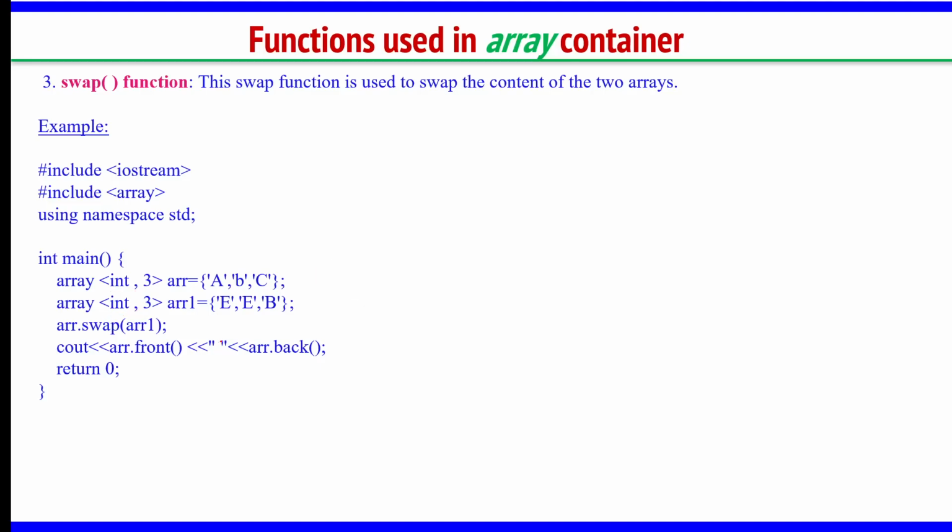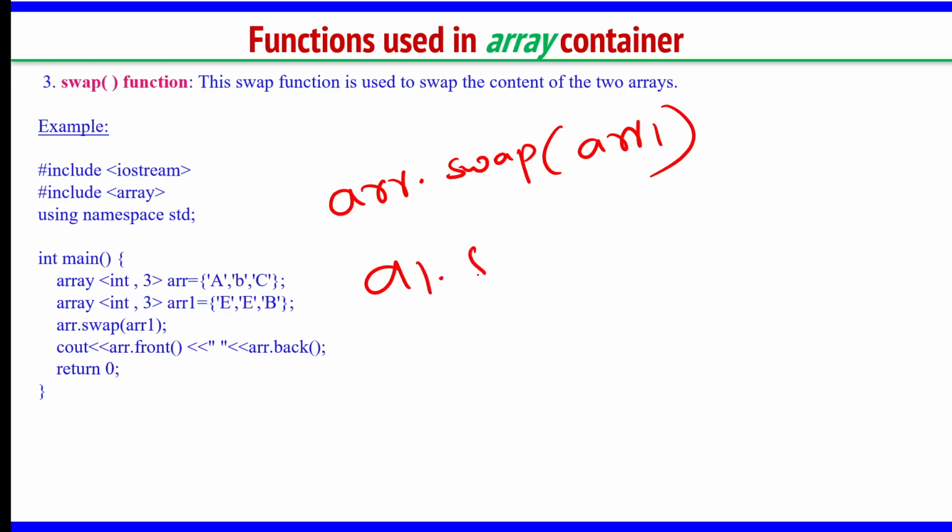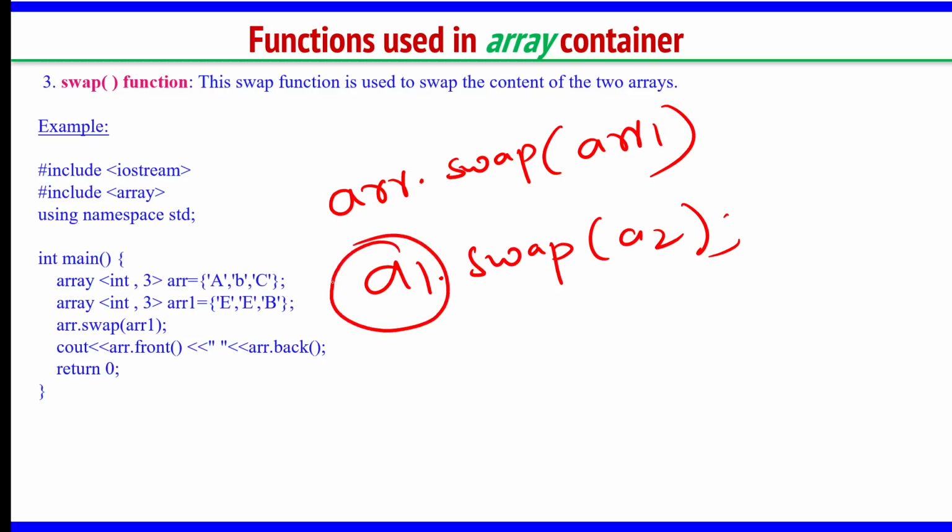Now, what is the syntax of swapping? The first array name dot swap of arr1, meaning a1.swap(a2), means whatever content is there in a1, you swap it with a2. So, swapping, you know, a to b, b to a. The content of arr1 is copied into arr.